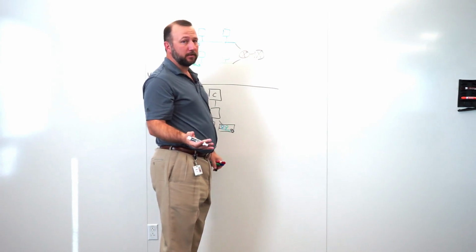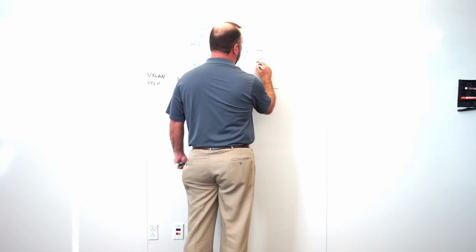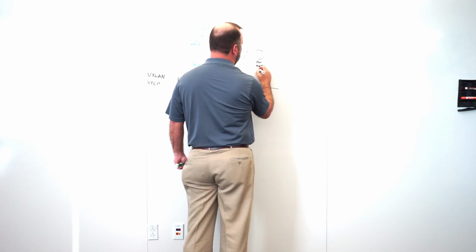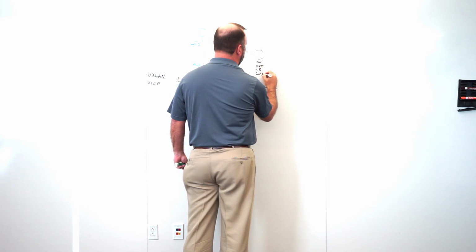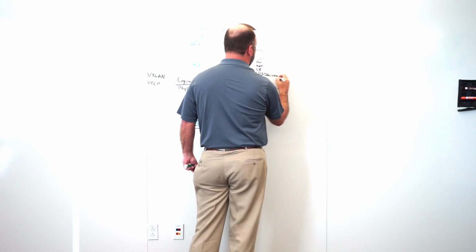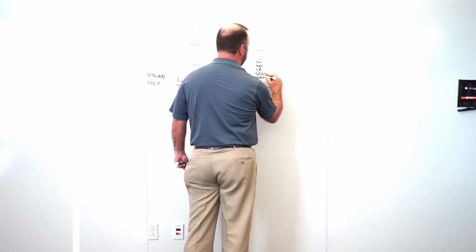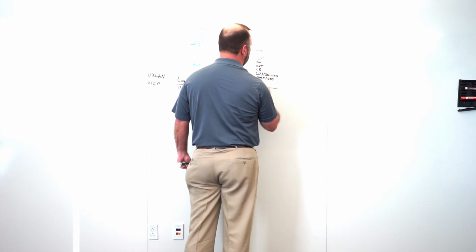But I can provide lots of services on here, right? So this guy can be a firewall. I can do NATing. He can be a load balancer. I can do layer 2, layer 3, SSL VPN, DHCP or DNS on here.